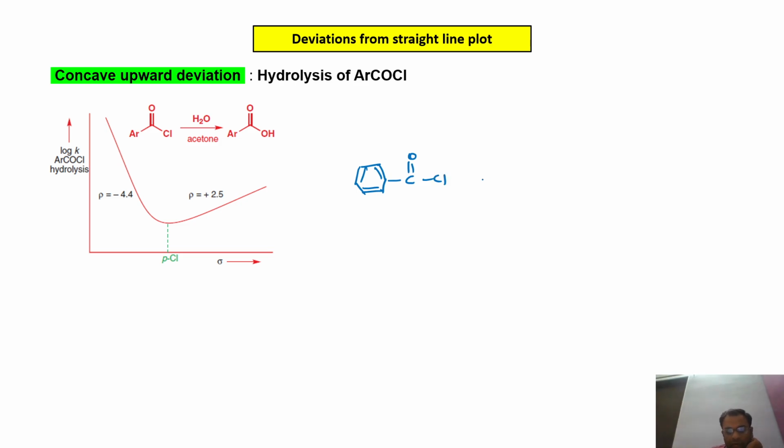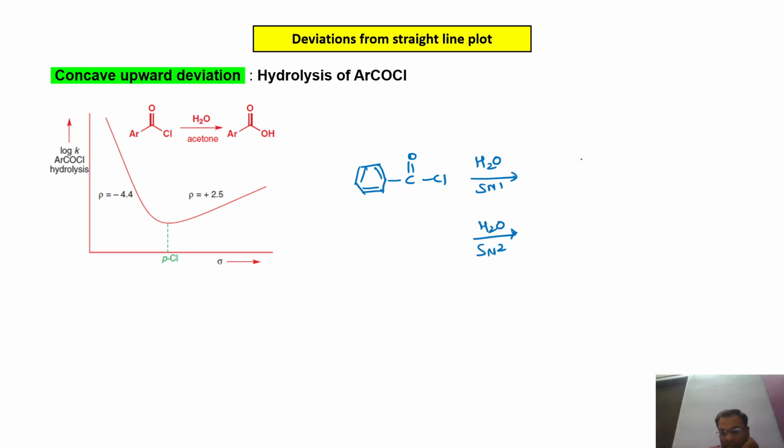This is your acid chloride, and the reaction of acid chloride with water may take place by the SN1 mechanism or by the SN2 type mechanism.